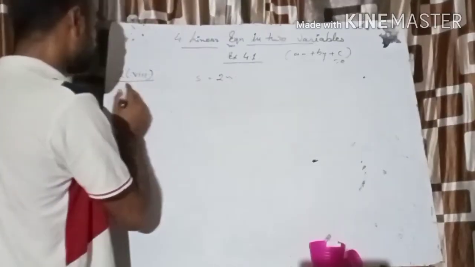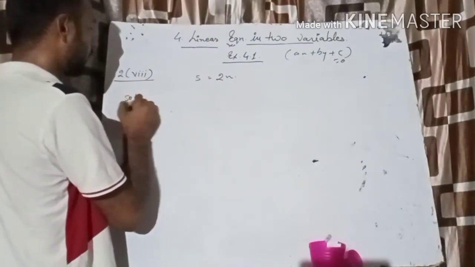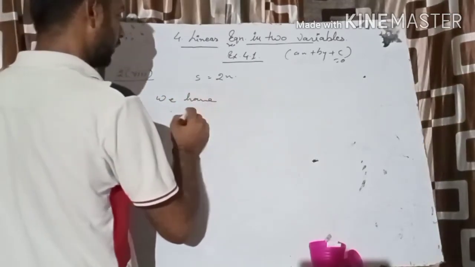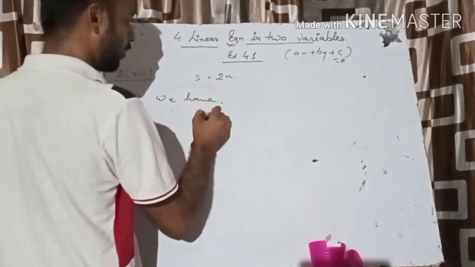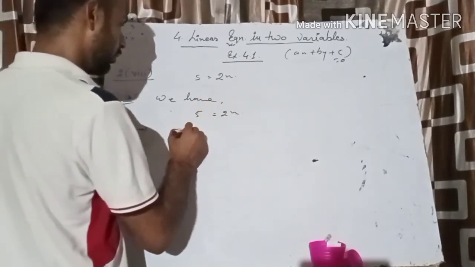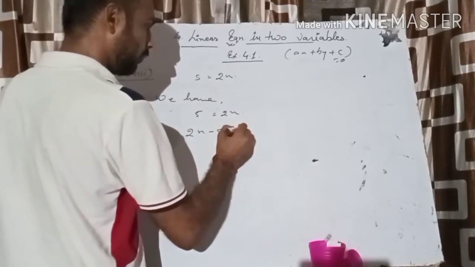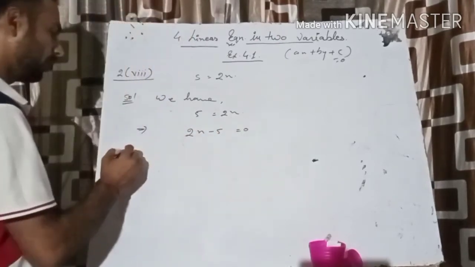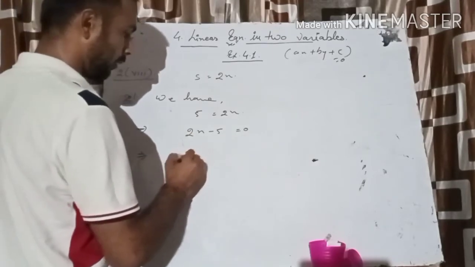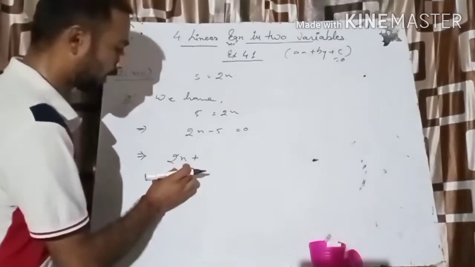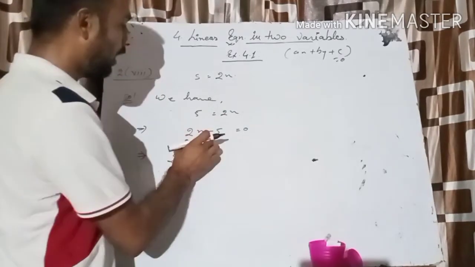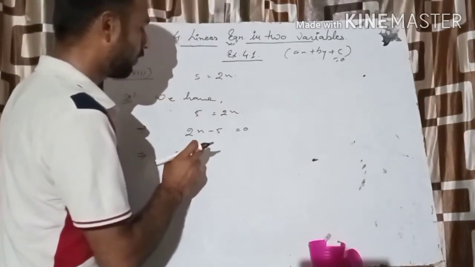Solution: we have 5 equal to 2x. We can write like this also, 2x minus 5 equal to 0. Here the x is already present, but the y is not here.